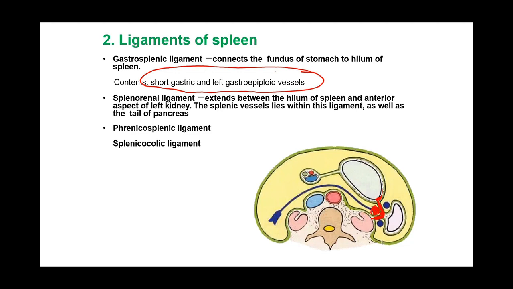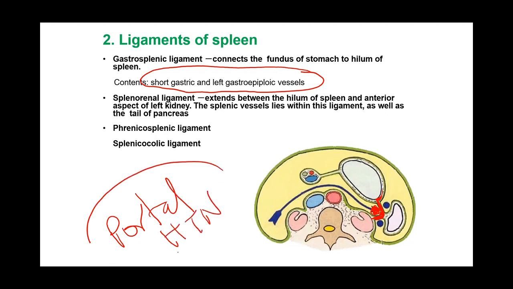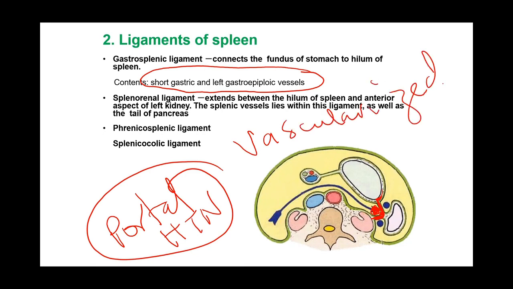The clinical significance is in patients with portal hypertension. These ligaments become vascularized. If you just go and excise them, thinking that, okay, anatomically we know they are avascular ligaments, the patient will bleed torrentially.